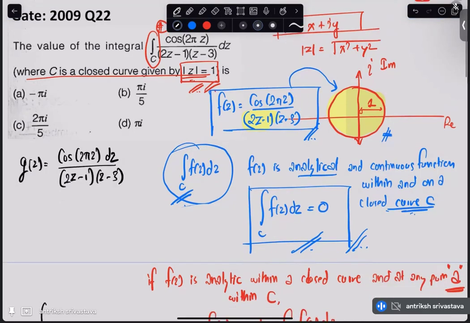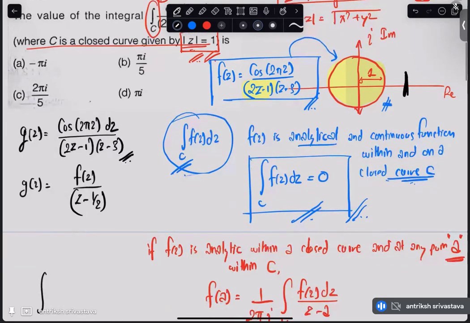So if I were to write this particular expression as g(z) equal to f(z) divided by z minus 1 by 2, because z minus 3 is outside this particular curve, so we don't have to worry about that. In that case, f(z) will be nothing but 1 by 2 cos of 2 pi z.